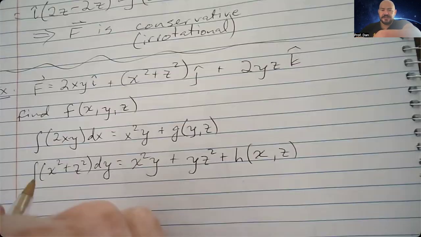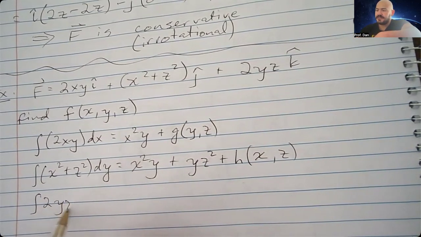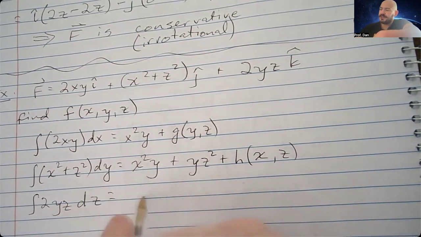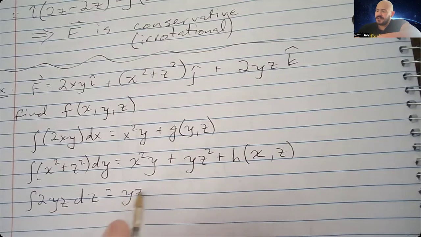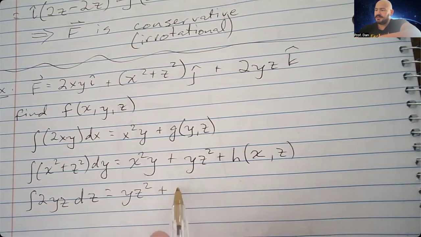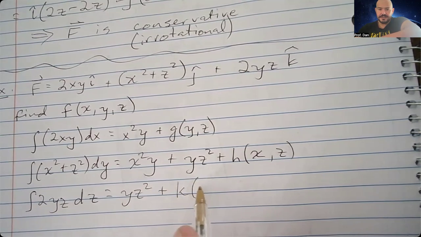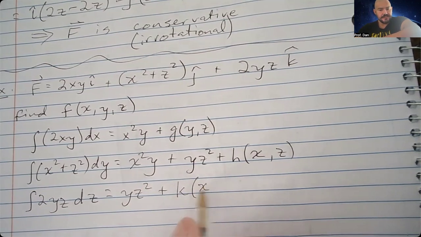And then if I take the integral of my k component, 2yz, with respect to z, I'm going to end up getting yz squared. And whatever's left over can involve x and y.